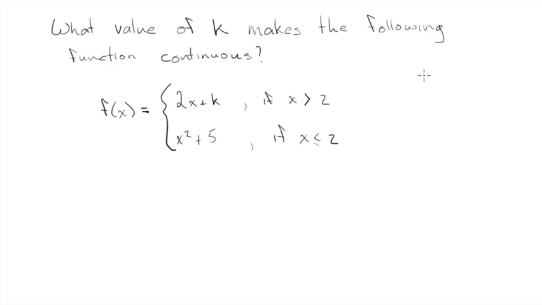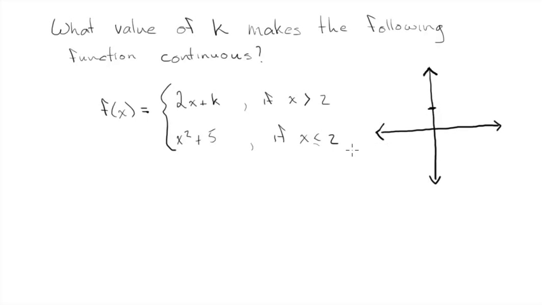So let's roughly sketch this to see what this question is really asking us. The piece which we know what it looks like is this parabola over here, x squared plus 5. So we know it has a vertex at 5 and it's a parabola.